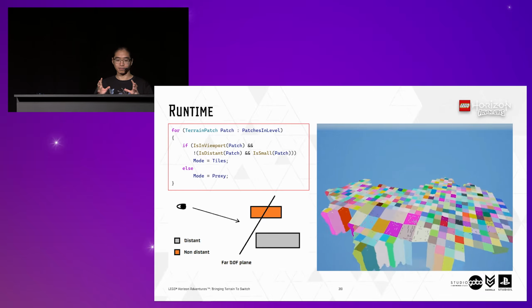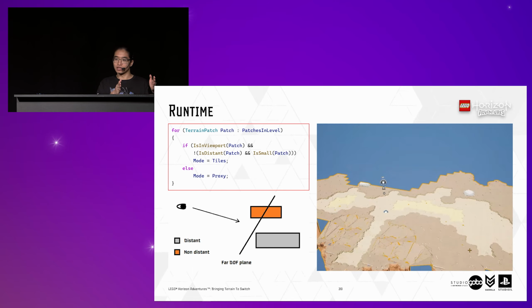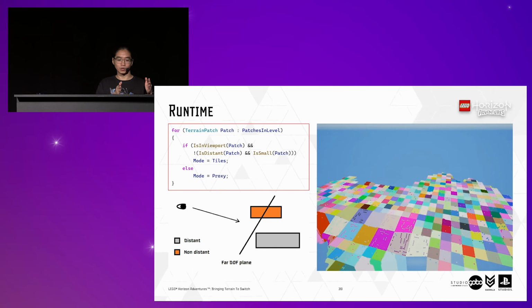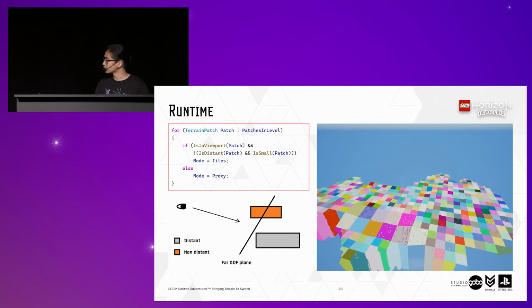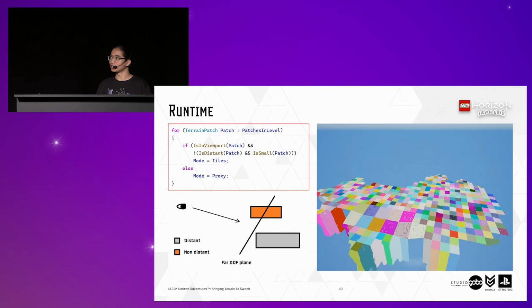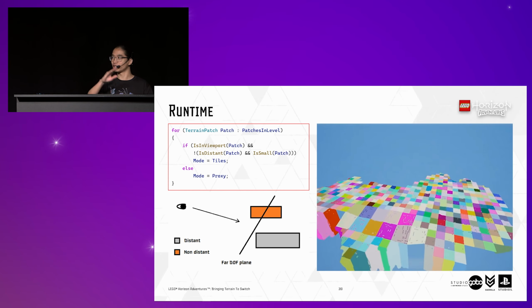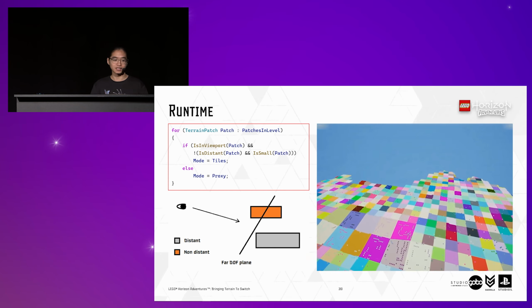So if a patch is either outside of the viewport completely or either distant and small, we will show it in proxy mode. By showing in proxy mode, I just mean hiding all the individual tiles and showing the merged mesh, and vice versa.